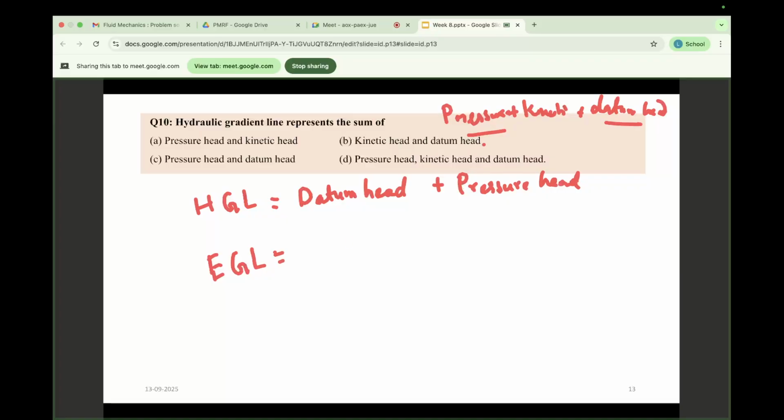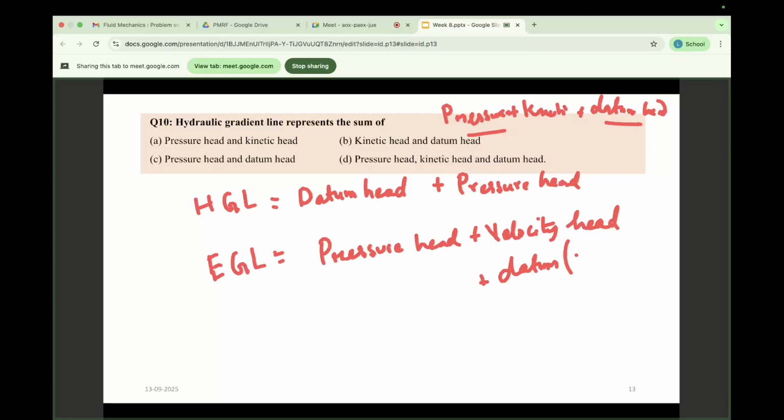The energy gradient line is the summation of all these heads: pressure head plus velocity head, also known as kinetic head, plus datum head, also known as elevation head. Both these terms can be used.